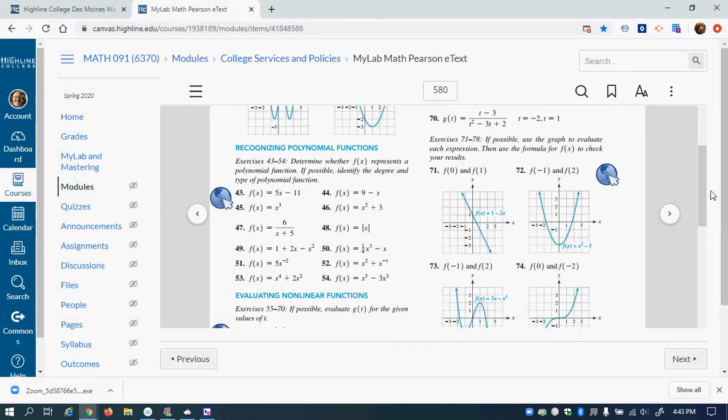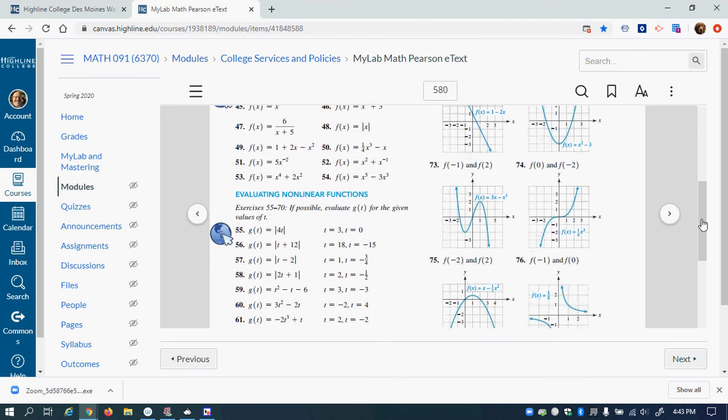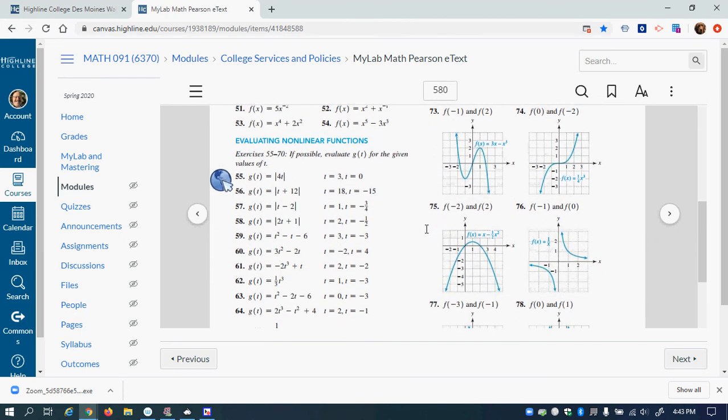I can look at some of these other ones here. Let's say we're looking at 75. If you have f of negative 2, then you're going to negative 2 on your x coordinate, and then you go down until you hit the curve, and you see that y is negative 4. So to write that out, f of negative 2 is negative 4.